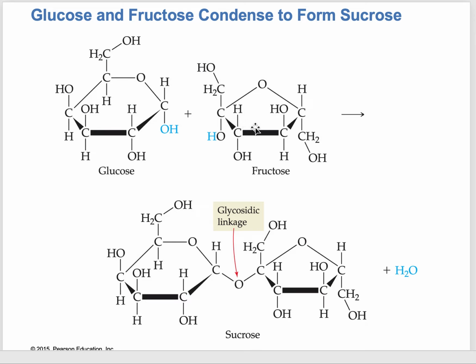And it will connect to a fructose on that carbon, and that's OH. When they make that connection, there's too many oxygen, so two hydrogen and one oxygen have to be eliminated, and that becomes water. And that linkage right there, that's an ether linkage. We call that a glycosidic bond. Okay, so as you can see, it's alpha, so pointing down.